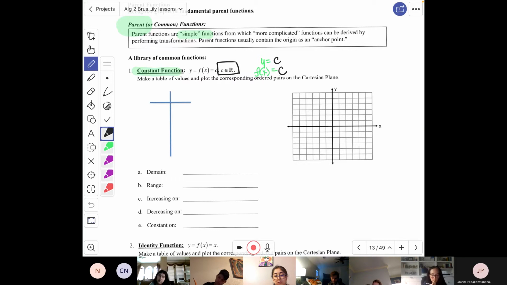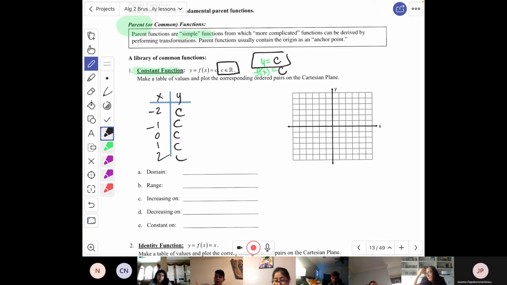So if I am trying to graph this, no matter what x value I choose, the output is always the same constant c. It doesn't matter what values of x I put into the function, the output is always the same number. So if I'm looking at the graph of a constant function, y equals c, can anybody tell me what that graph would look like? What type of graph is the graph of any constant function? Y equals c.